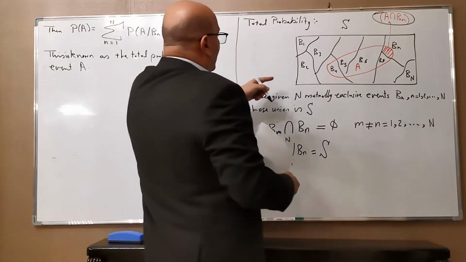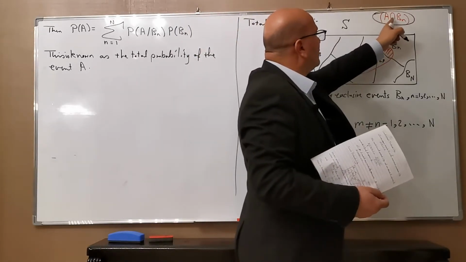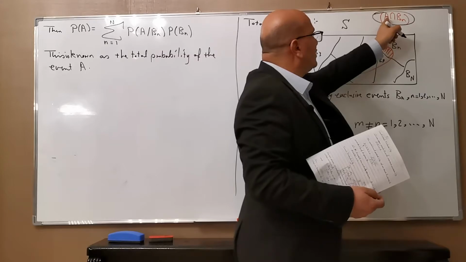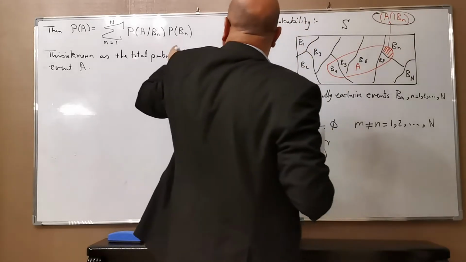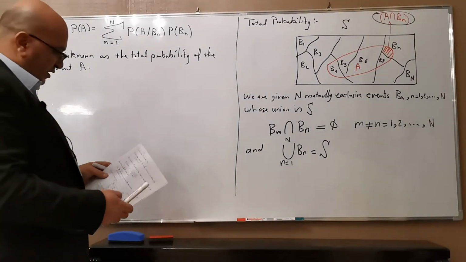Now, if you go to the conditional probability and make use of the relationship between the joint probability and the conditional, you can get this answer here, okay? You can prove this.